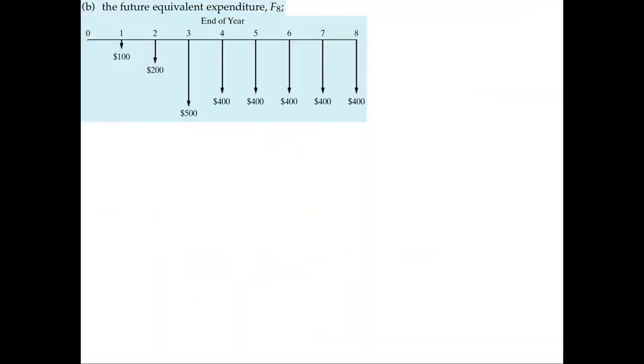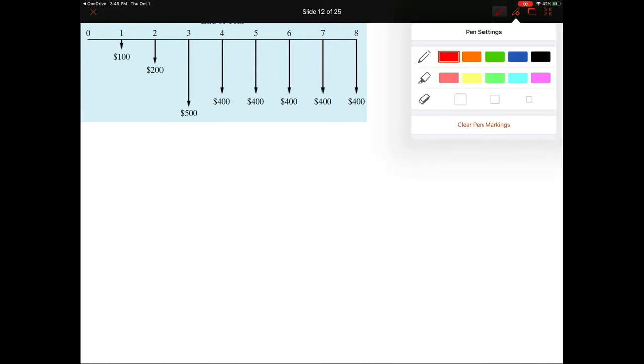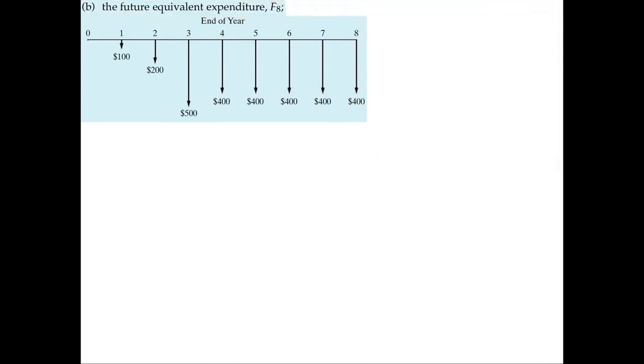Make sure you understand this equation, this calculation. Then it has another question, question B, the future equivalent expenditure F8. Now the problem is much easier. You don't have to do the multiple conversion again.